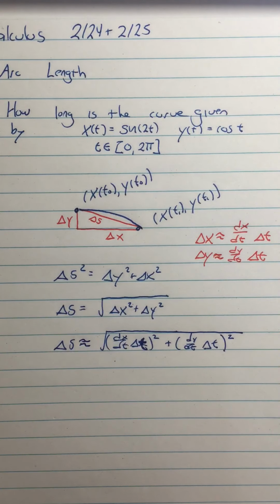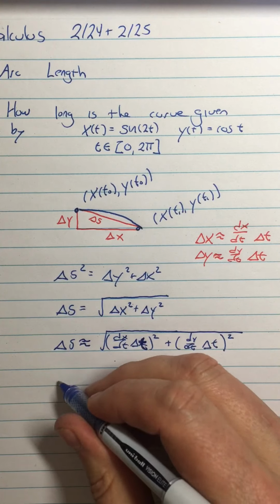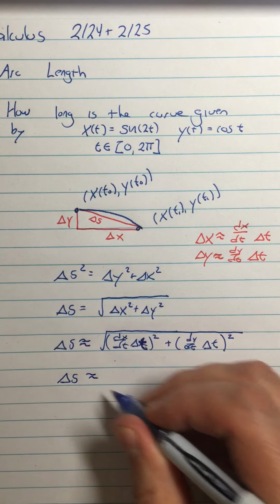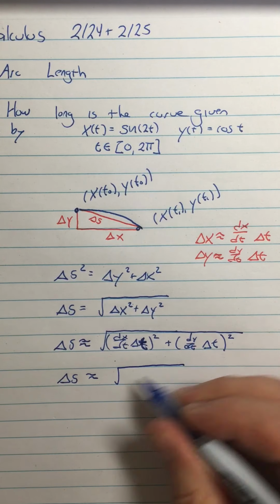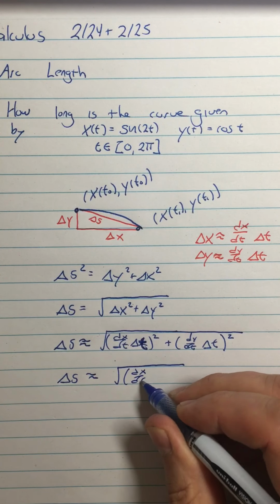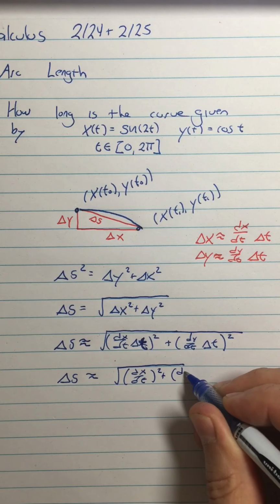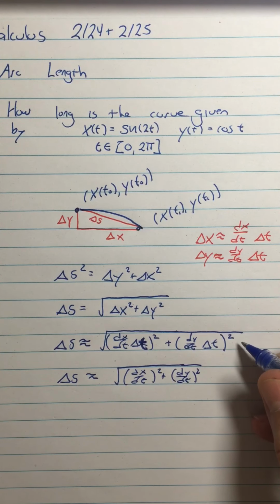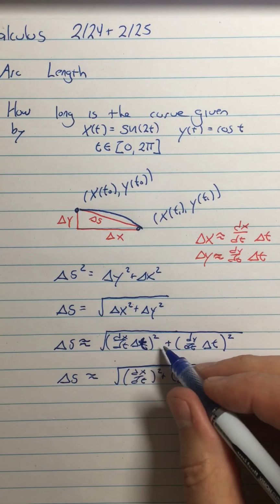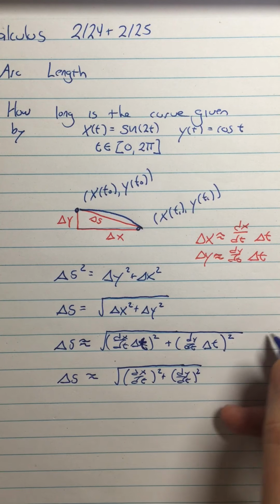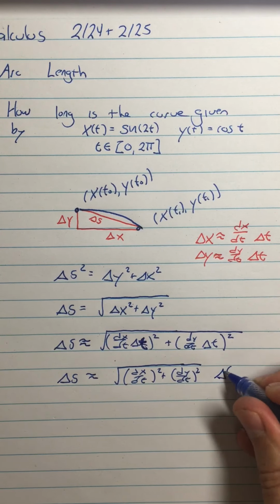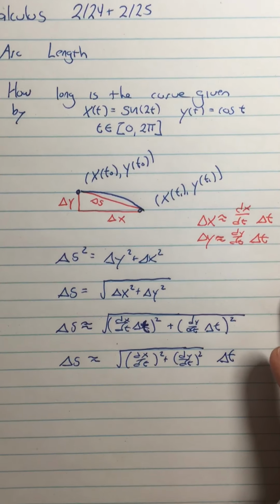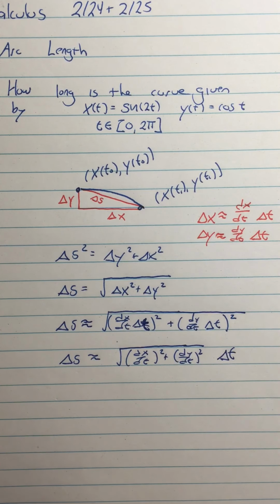Then I'm going to factor out the delta t and say delta s is approximately equal to the square root of dx dt squared plus dy dt squared. If we factor out the delta t squared from under the square root, I'm just going to have delta t. That's the approximation.